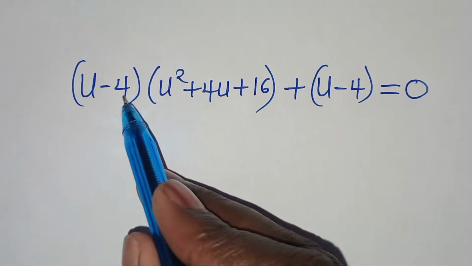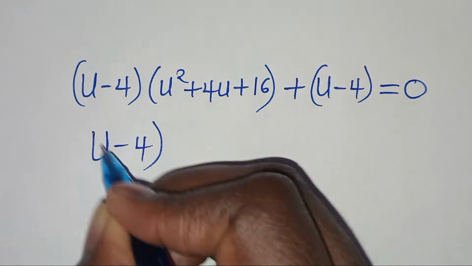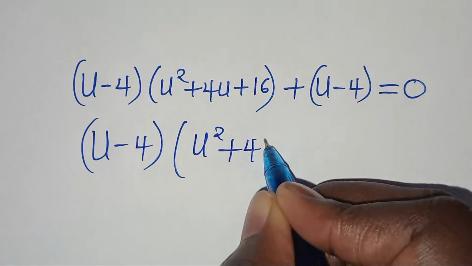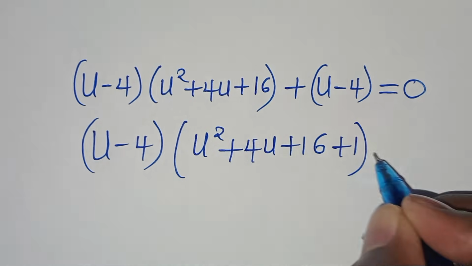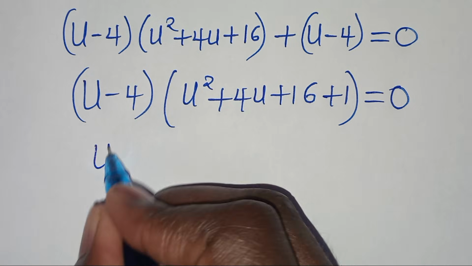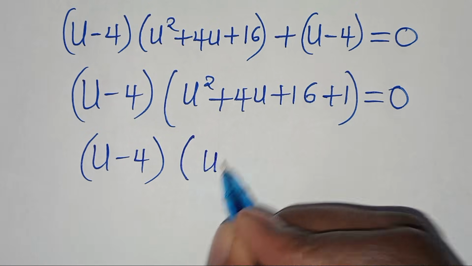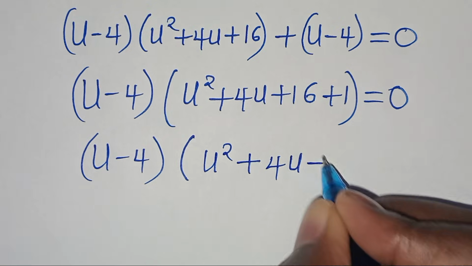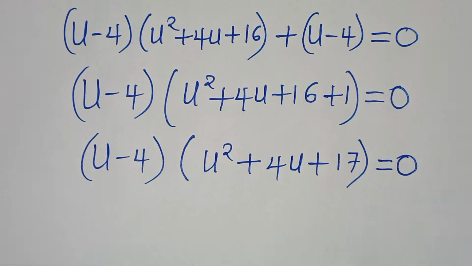Now we have that u minus 4 is common here, so we can factor out u minus 4 into the parentheses. This is u to the power of 2 plus 4u plus 16, then plus 1. This is equal to 0. So this means u minus 4 into the parentheses, this is u to the power of 2 plus 4u, then plus 16 plus 1, this is 17, and this is equal to 0.